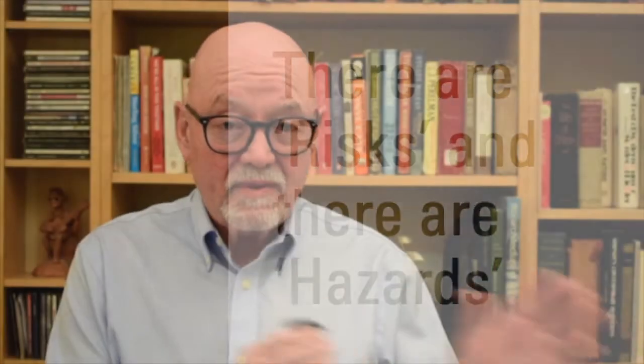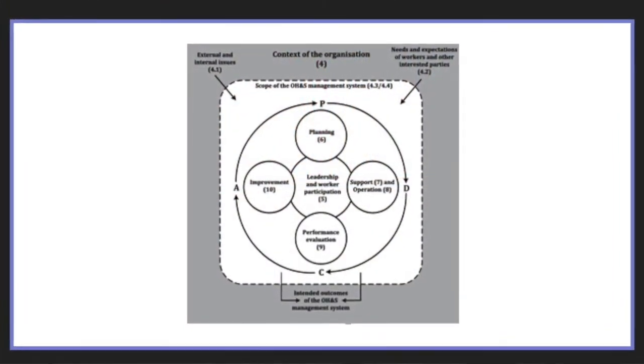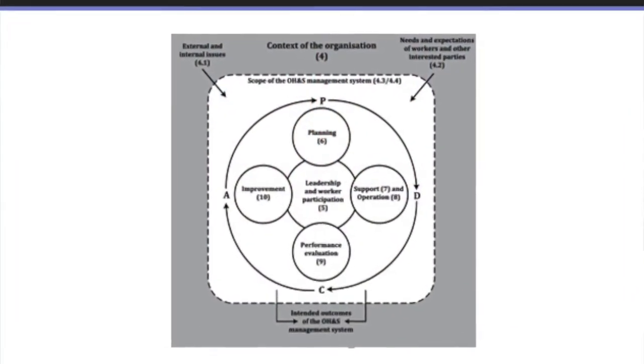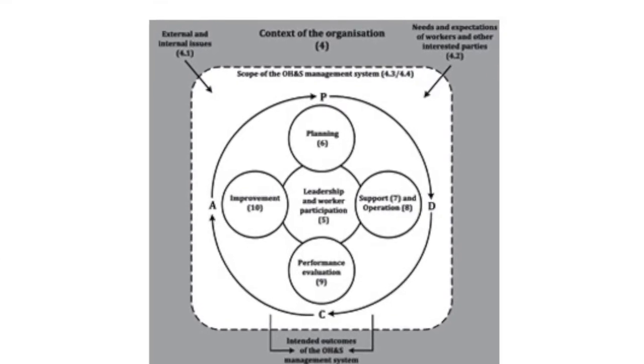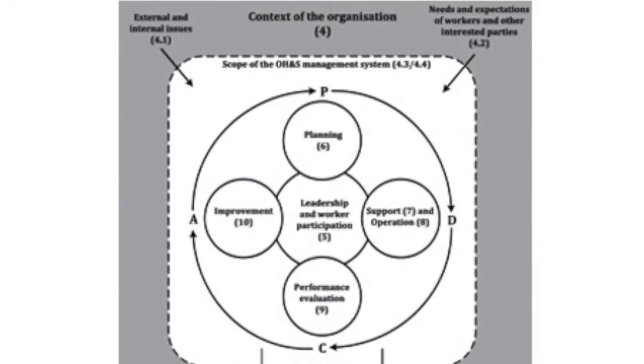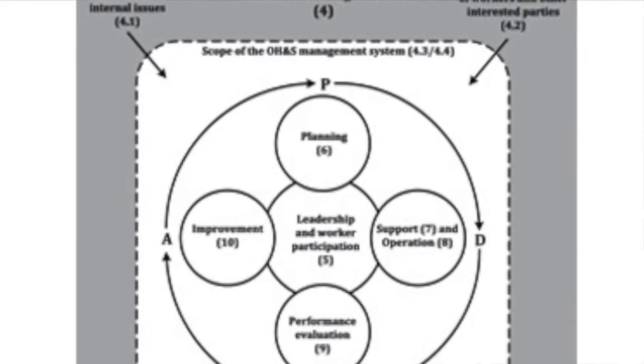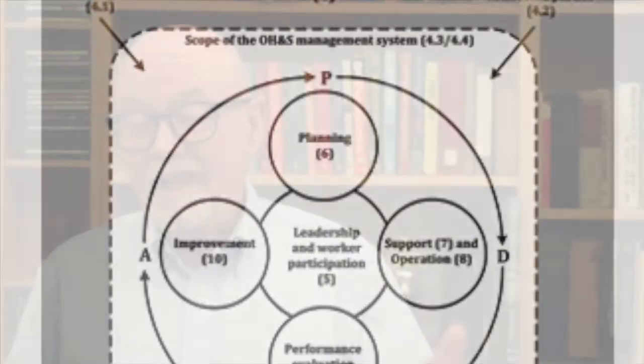So it isn't just risk and opportunities, it also includes hazards and includes legal requirements to boot. You'll notice that clause 6 is over here on the top with leadership in the center, and it definitely fits into the plan part of the Plan, Do, Check, Act model.